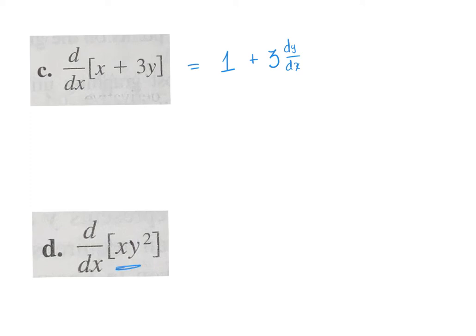For this one, I have to use product rule, because I am multiplying an x and a y squared. The derivative of x is just 1. The derivative of y squared is going to be 2y, and the variables disagree. So dy dx, because these variables disagree. So I have to put that little dy dx in there because I derived a y value, and I have to tell them that I am deriving it with respect to x. All right? Well, what does that do when I do the product rule?